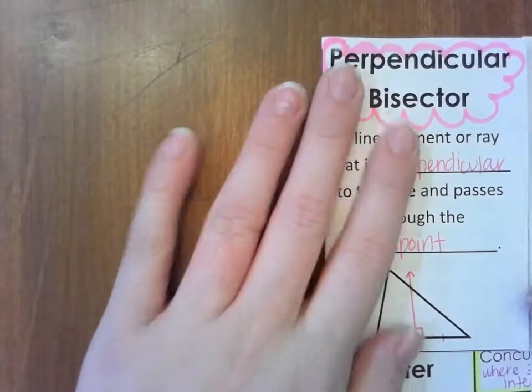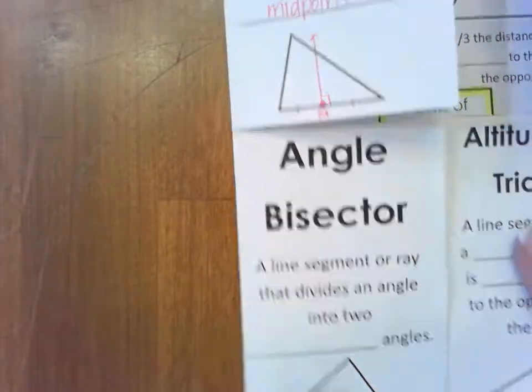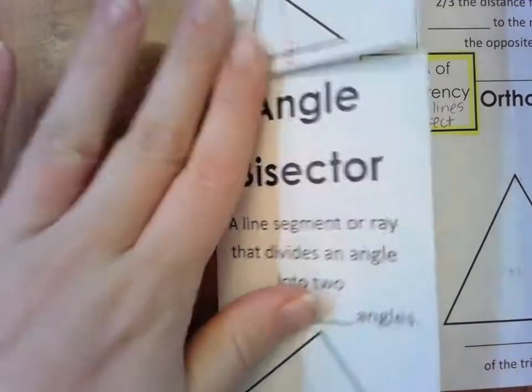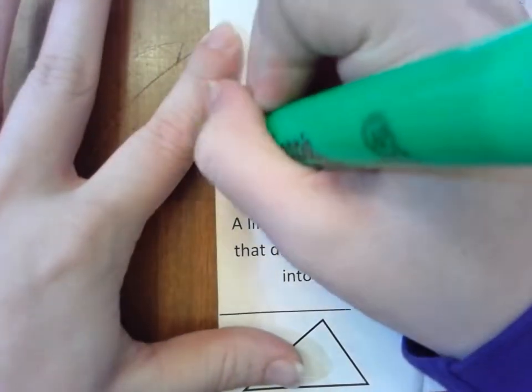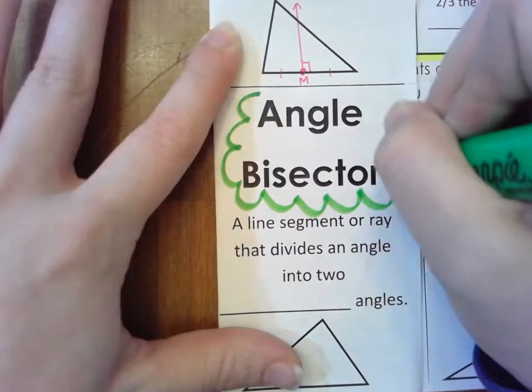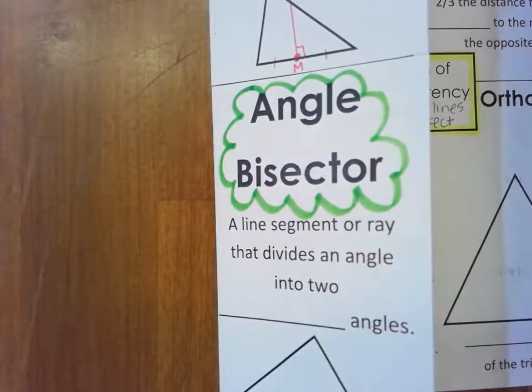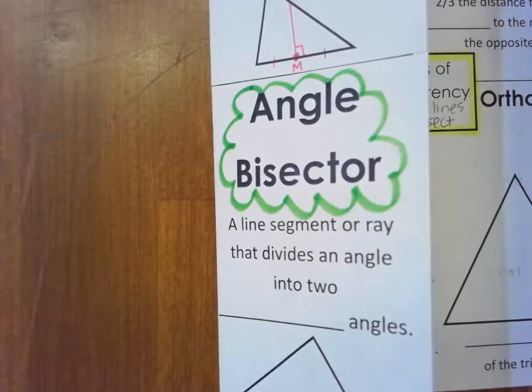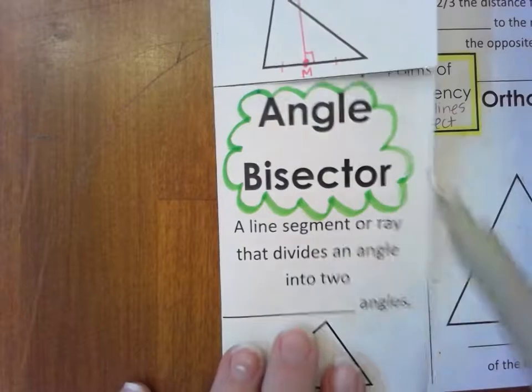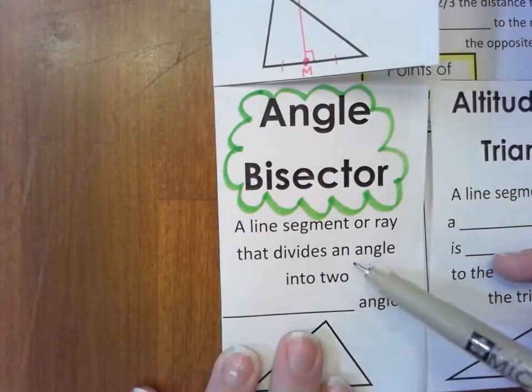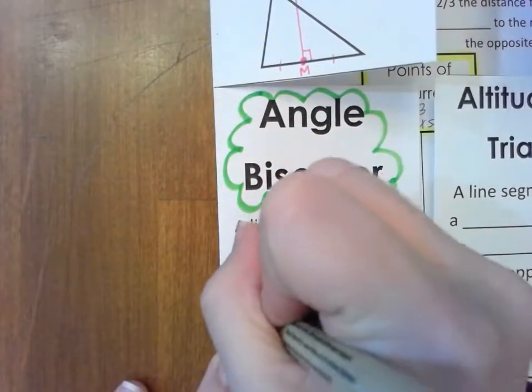Now we can look at the angle bisector. So it's another bisector, so we know that something's going to get cut into two congruent pieces. And since this is the angle bisector, it would make sense that the angles are what get bisected into two congruent pieces. So an angle bisector is a line segment or ray that divides an angle into two congruent angles.